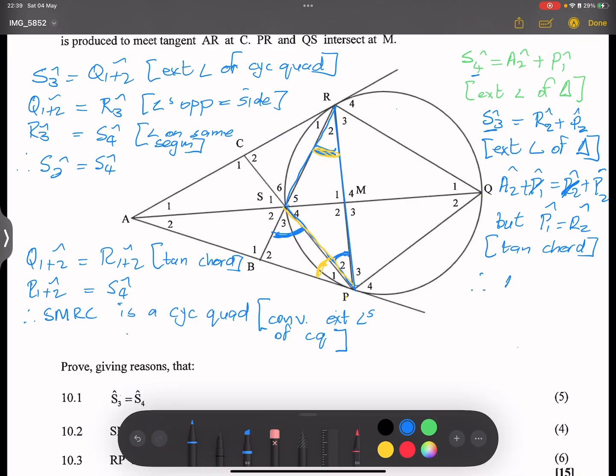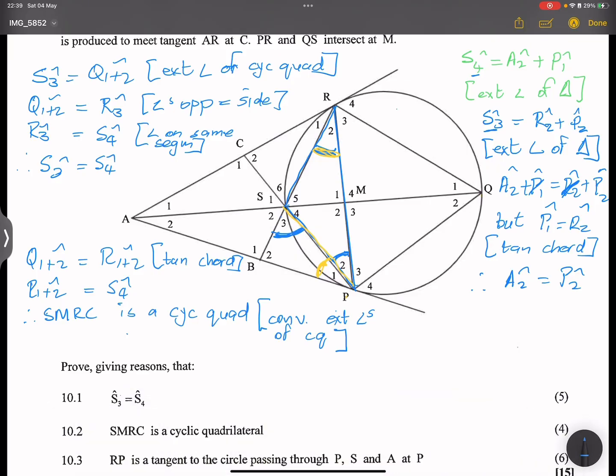It means that therefore A2 is equal to P2. And so we have proven that A2 is equal to P2, and so therefore it means that RP is a tangent to the circle passing through P, S, and A. And why is that? Because we've applied the converse of the tan-chord theorem.